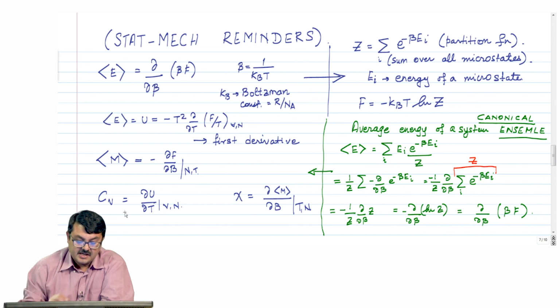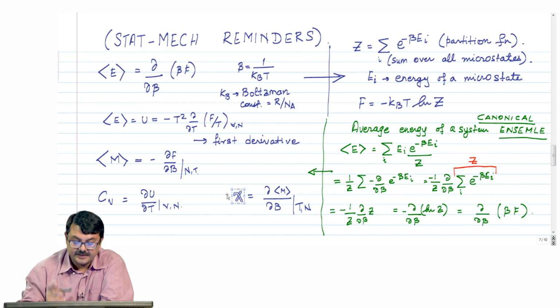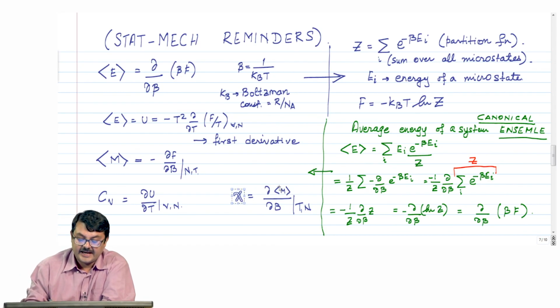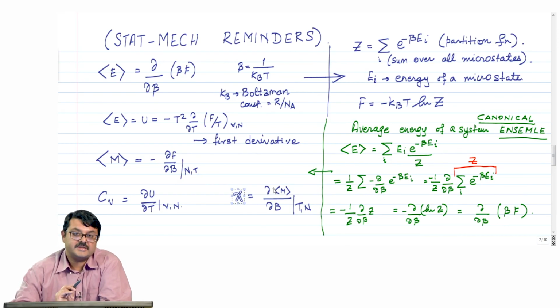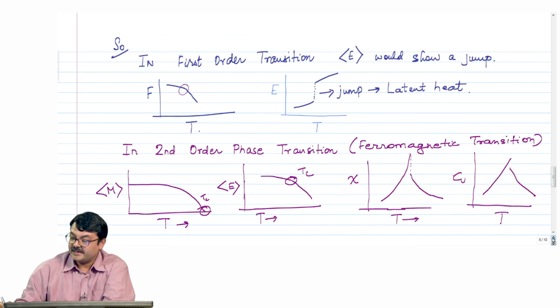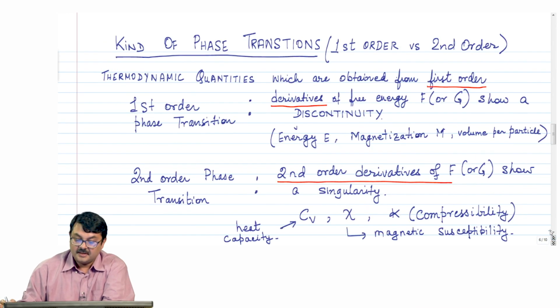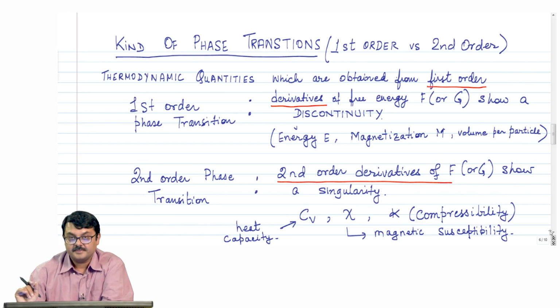So, C_v or chi, which is basically the magnetic susceptibility, del m by del B, these show a singularity. So, the ferromagnetic to paramagnetic transition is a second order phase transition, because the first order derivatives do not show any jump.